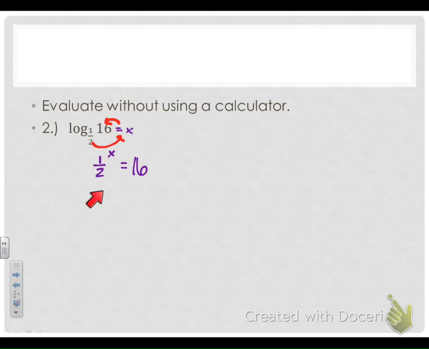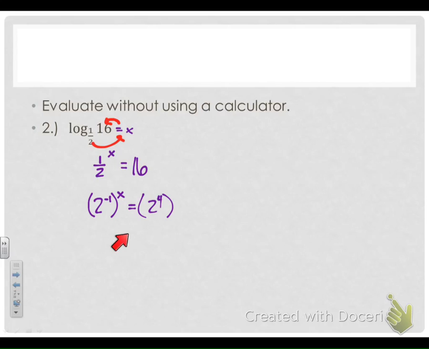This is a problem where I should put them in terms of the same base. 1/2 is 2 to a power, 16 is also 2 to a power. 1/2 can be rewritten as 2 to the negative 1 power raised to the x, and 16 can be rewritten as 2 to the 4th power.